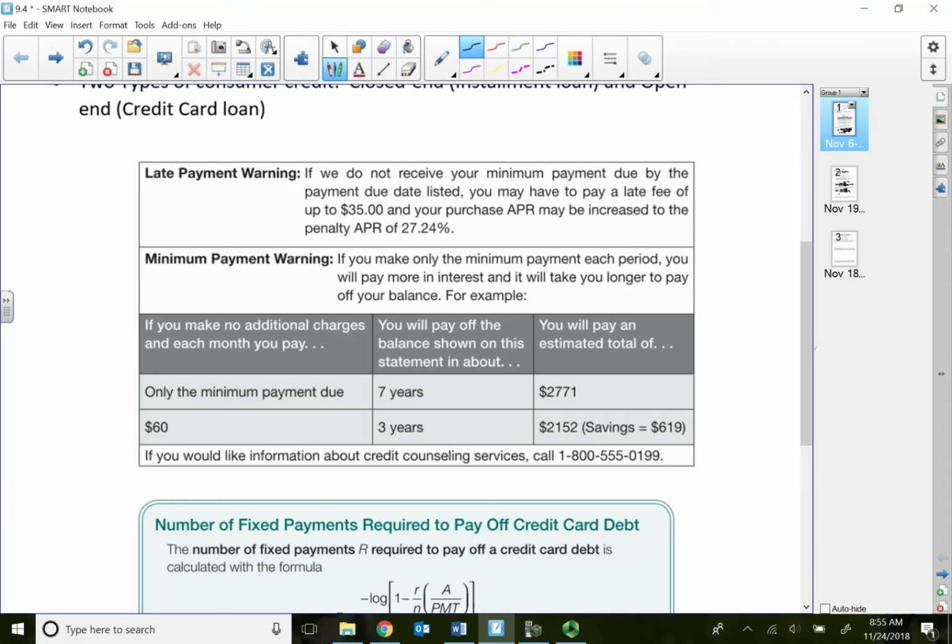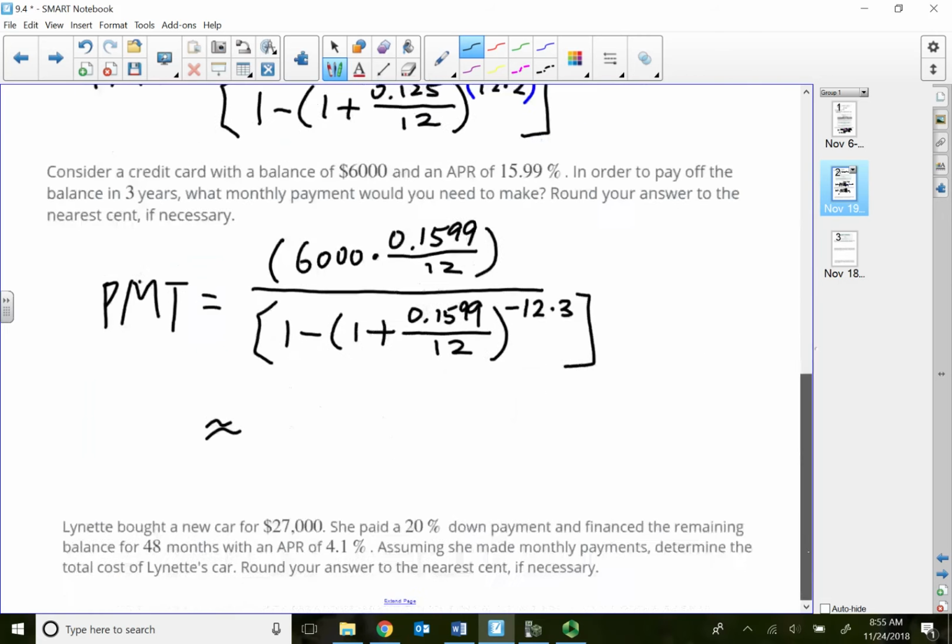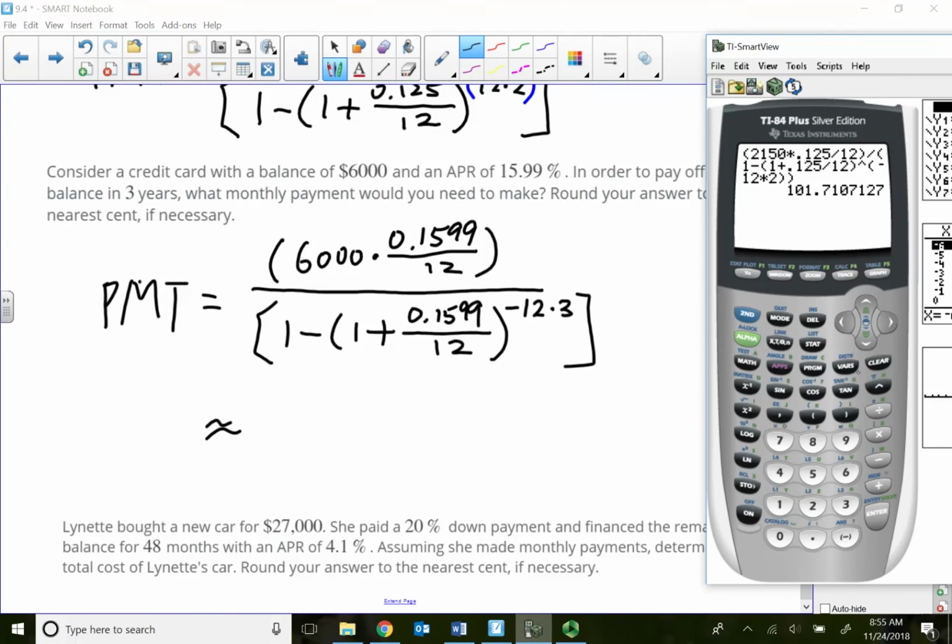So basically what we are doing right now is, if we make no additional charges on our $6,000 balance and we want to pay it off in 3 years, what is my estimated monthly payment? That's what we're trying to do here for this example.